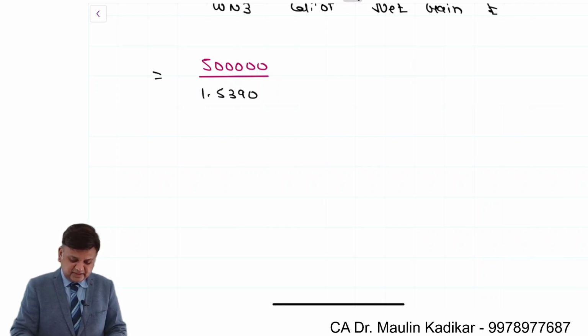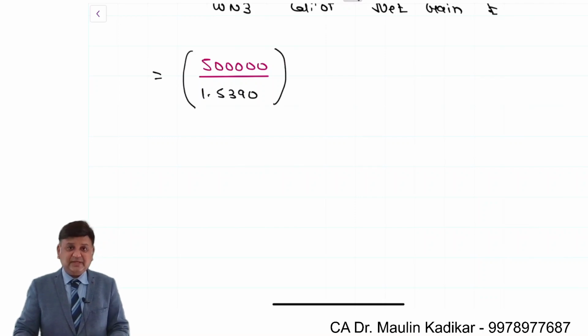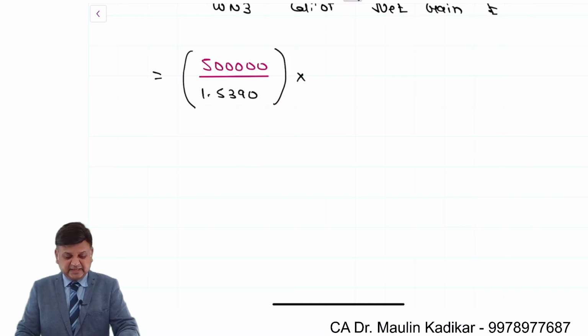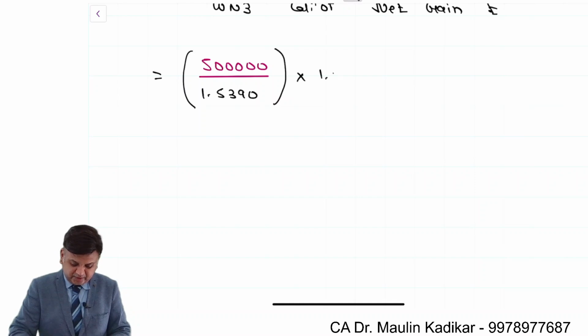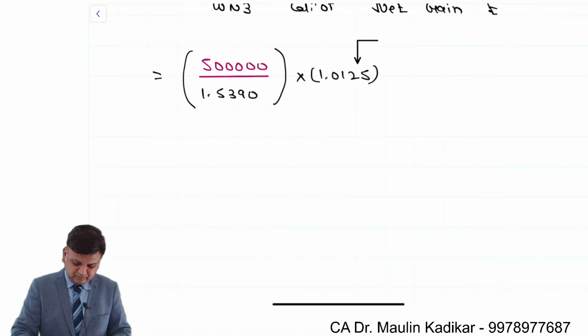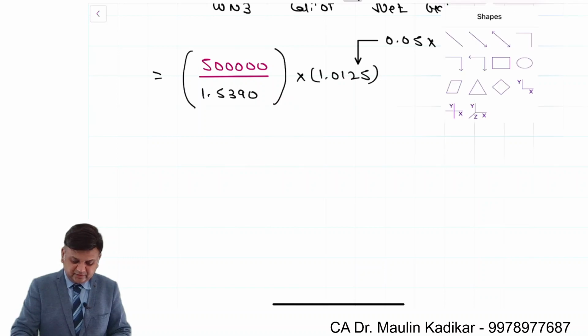If anybody has any query or doubt, then please ask me. The rate of interest for pound currency is given as 5% for the entire year. So for 3 months it is 1.25, so 1.0125. So it is 0.05 into 3 divided by 12.